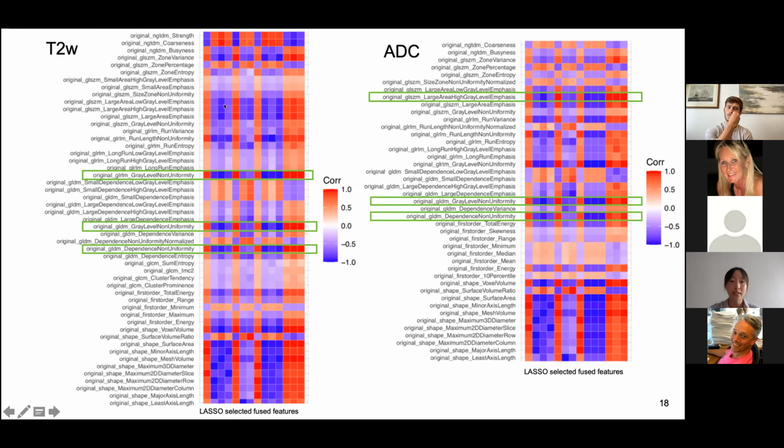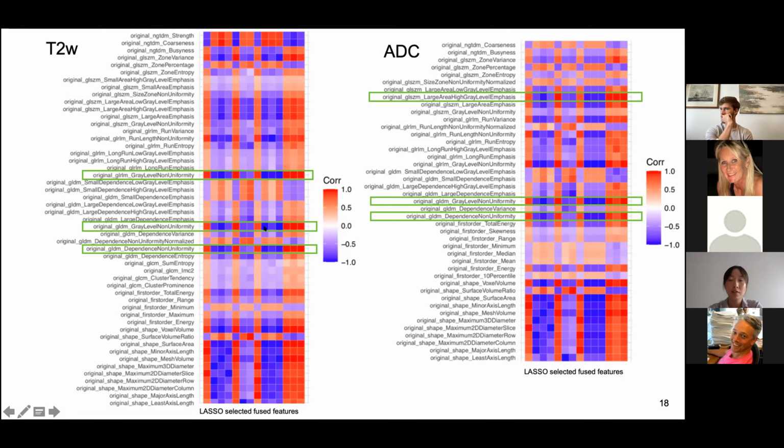This heat map shows the T2 imaging, and this one shows the ADC. The first observation is that the shape features seem to contribute a lot to the fused representation, as you can see in this high correlation. Specifically, the shape related to the size of the tumor is important.